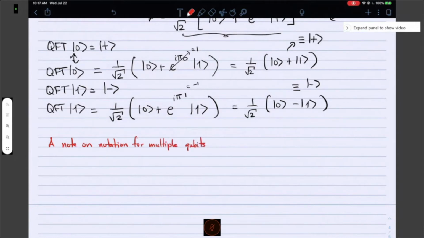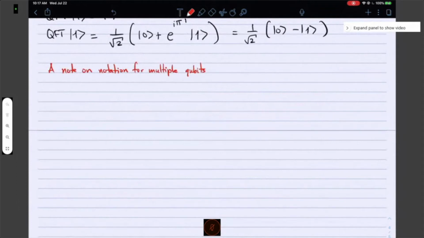For example, when we're talking about 3 qubits, let's say the following. The definition of the quantum Fourier transform for the case of 3 qubits, which means 2 to the power of 3 is 8.